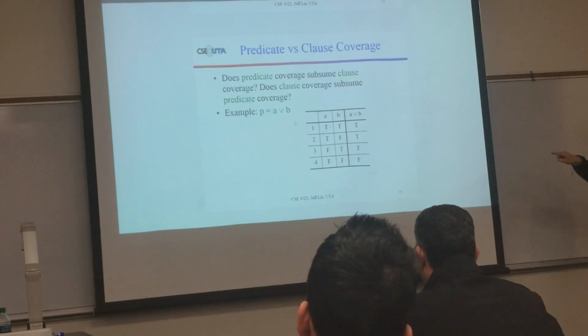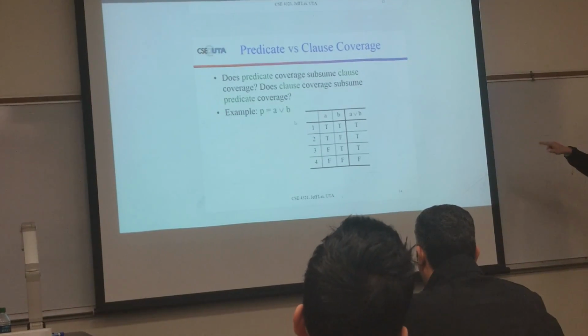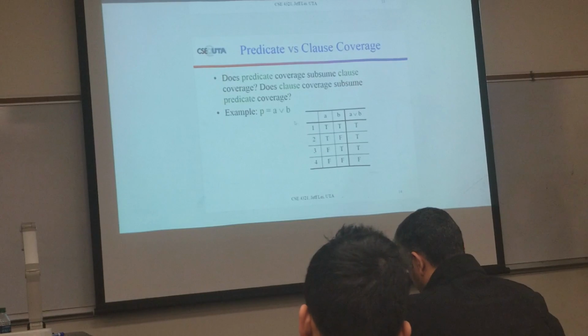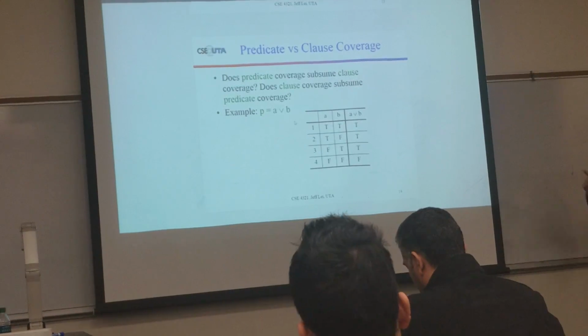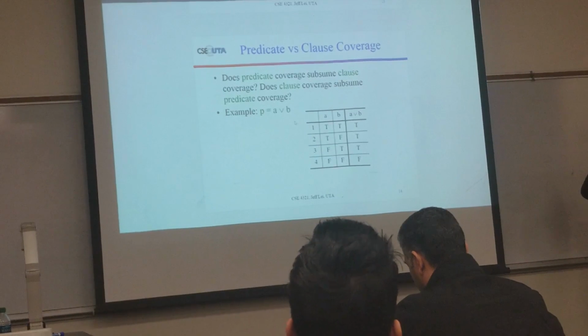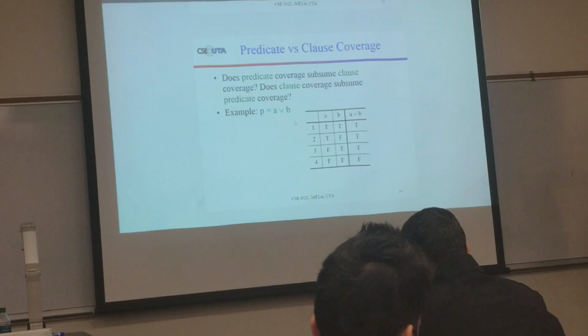Among the 4 test cases, can you choose a subset, one or more test cases, such that the subset you choose satisfies predicate coverage but not clause coverage?